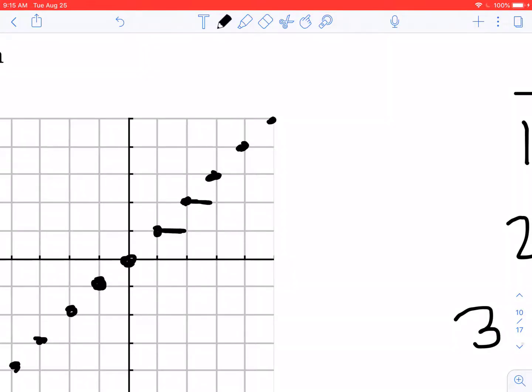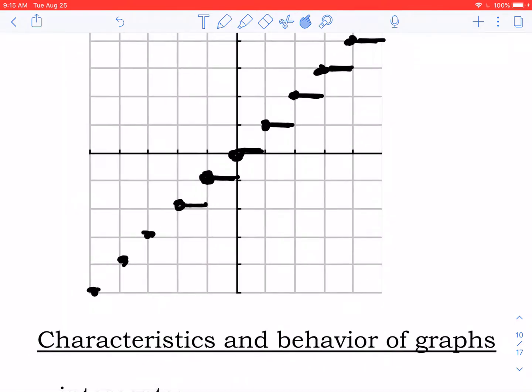It ends up looking like a stair step, a bunch of stairs with closed circles on the left, and actually there are open circles on the right.